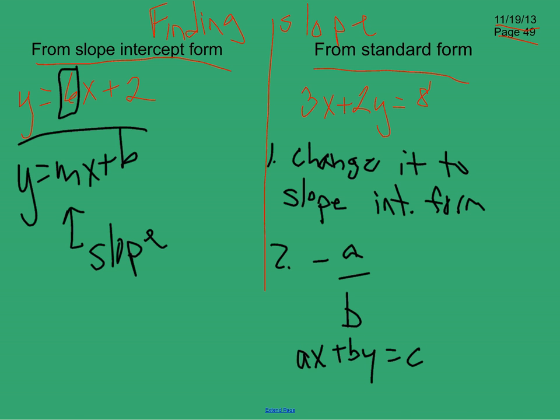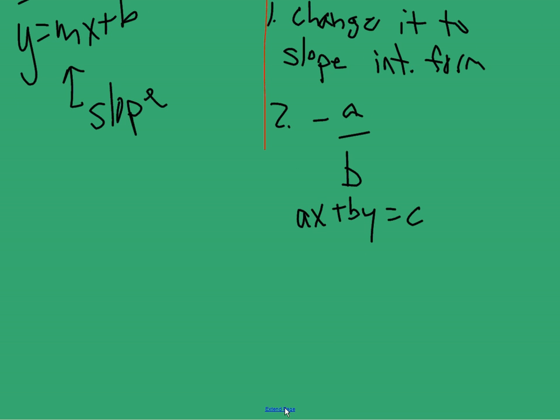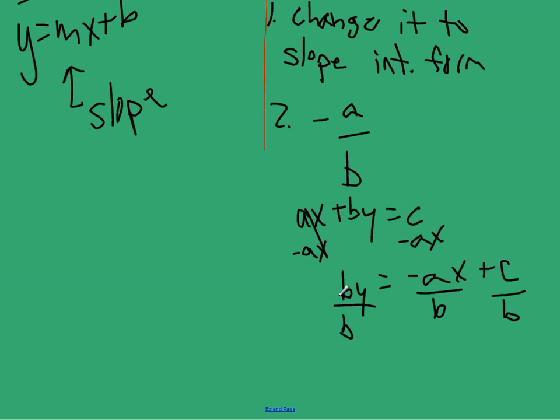Well, if we wanted to change that into slope-intercept form, we would subtract ax, giving us by equals -ax plus c. X terms go first, remember. And then we would have to divide both sides by b, everything up here by b, canceling those, and you get y equals -a over b x plus c over b.